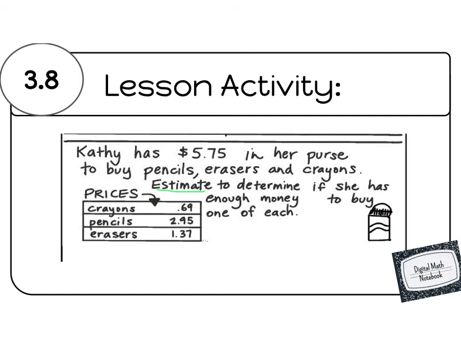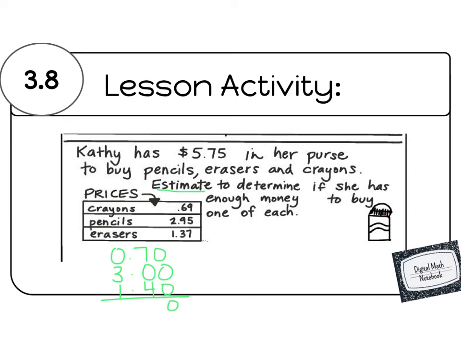So it says crayons are 69 cents, so I'm going to change that to 70 cents. Pencils are $2.95. I'm going to change that to $3. And erasers are $1.37. I'm going to change that to $1.40. And then add them together.